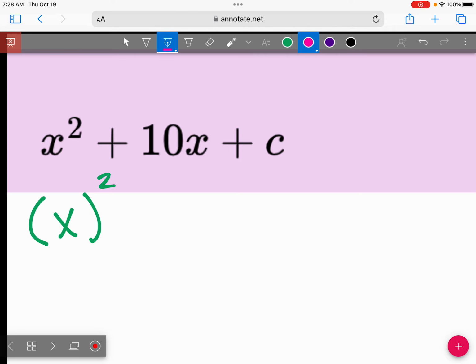The thing is, the only thing I know about c is that whatever this guy is, that's squared, we should have 2 times x times whatever the heck that is. Right? Can I see that part?